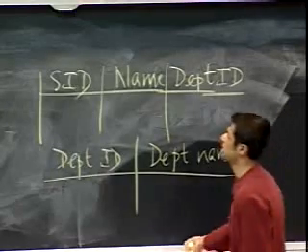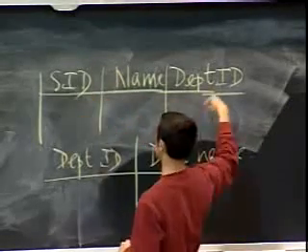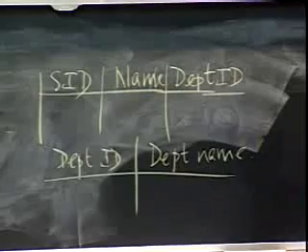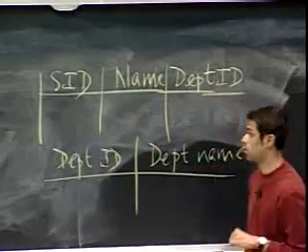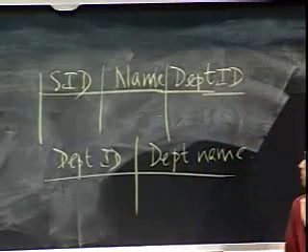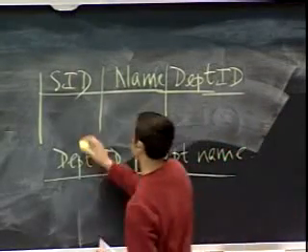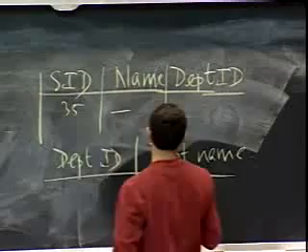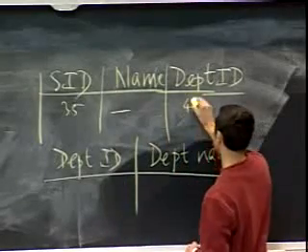Now you might have a transaction that makes updates to entries in this table, one or more rows, or it could make updates to just specific cells of this table. So it could add a new student ID, add a name, and add some department ID.